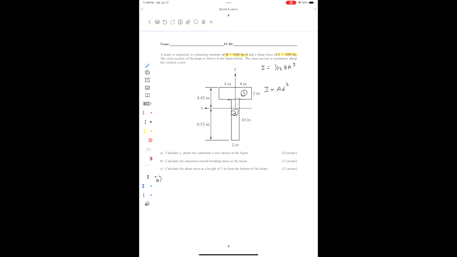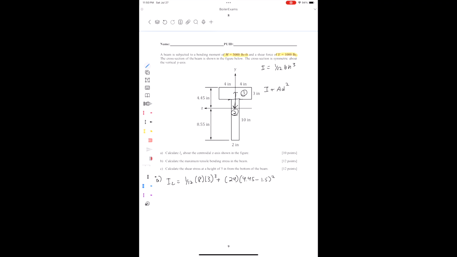So let's go ahead and solve this out. So for section 1, we have 1/12 times 8 times 3 cubed plus 24 times 4.45 minus 1.5 squared.